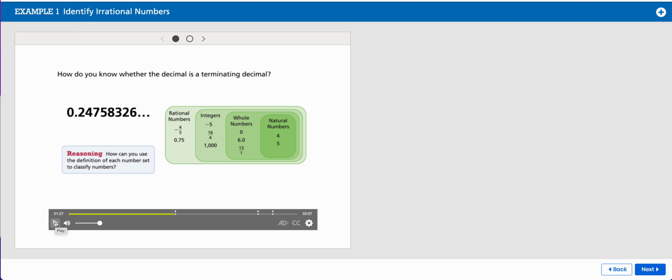And then we have the integers. Integers are all of those natural numbers plus 0, and then all of the opposite signed natural numbers. So negative whole numbers, negative 1, 2, 3, 4, 5. Okay, so negative whole numbers.